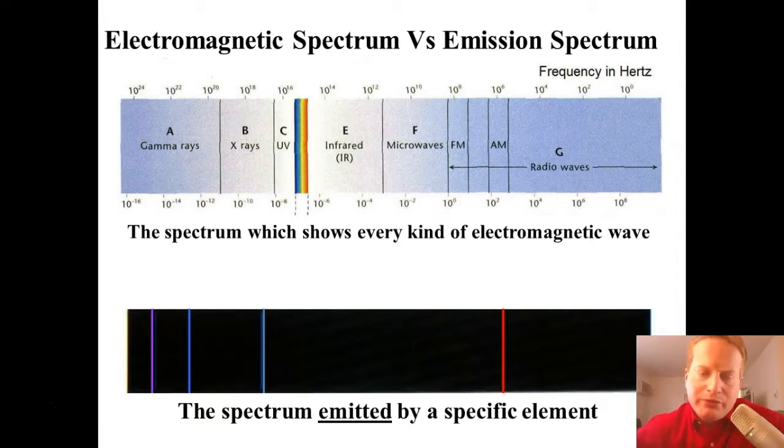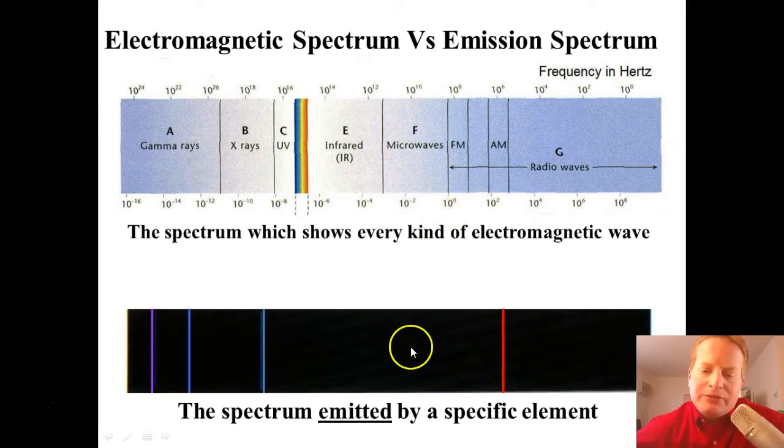Now, the last important thing, you're guaranteed to be asked about this. There's a big difference between the emission spectrum, which was the whole point of this video, and the electromagnetic spectrum. They're both spectra, meaning that they have a wide range of different parts we're looking at. But the electromagnetic spectrum includes all of the electromagnetic waves, all the way from gamma rays to radio waves, including all these other parts.